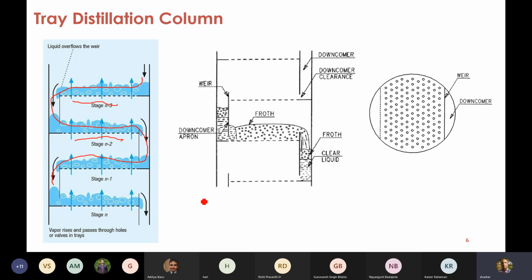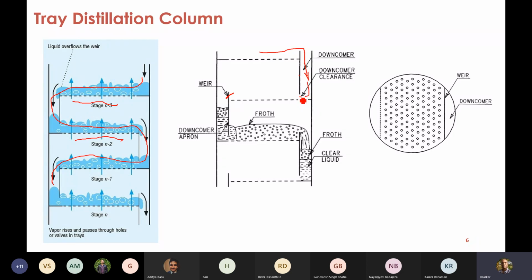Now, there are a few things. Look at this part. This is known as the weir. The liquid comes through this, which is known as the downcomer. Liquid from the top plate flows through this downcomer, and you see there is a gap, so there is a downcomer clearance.